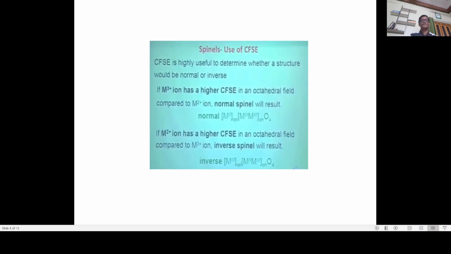It is found that if the metal 3 plus ion has a higher CFSE in the octahedral field compared to the metal 2 plus ion, a normal spinel results: metal 2 tetrahedral, metal 3 octahedral. If the metal 2 plus ion has a higher CFSE in the octahedral field than the metal 3 plus ion, an inverse spinel will result: metal 3 tetrahedral, metal 2 and 3 octahedral.